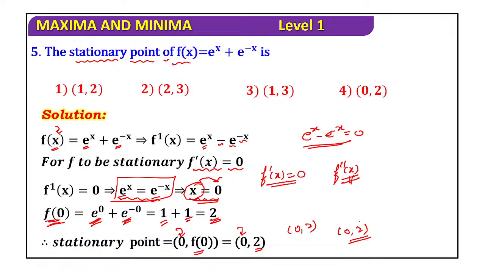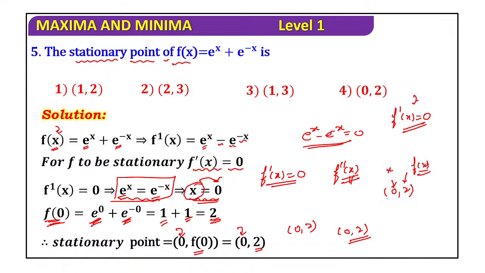I think everyone has understood this. The only thing is, stationary point means f dash of x must be equal to 0. This is important. You have to simplify this equation, and the stationary point is 0, 2. 0 is the x value, 2 is the f of x value.